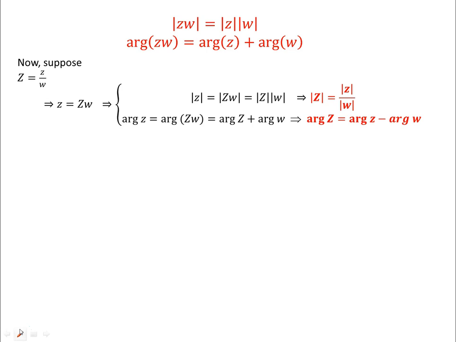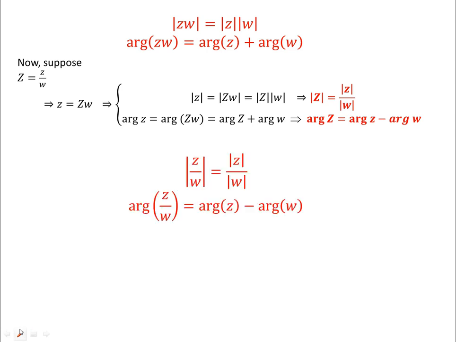So we have now got the two results, that the modulus of z over w is the modulus of z divided by the modulus of w, and the argument of z over w is the argument of z minus the argument of w. And again, we can express that using the shorthand notation.